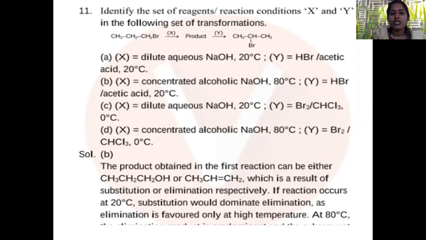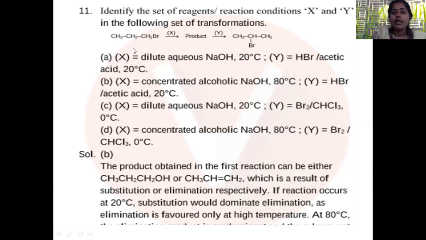For that purpose, first we have to treat this starting material with a dehydrohalogenating agent. A good dehydrohalogenating agent is alcoholic KOH or NaOH at 80 degrees centigrade. When we maintain high temperature, only then is the elimination reaction preferable. Otherwise, 20 degrees centigrade leads to substitution.